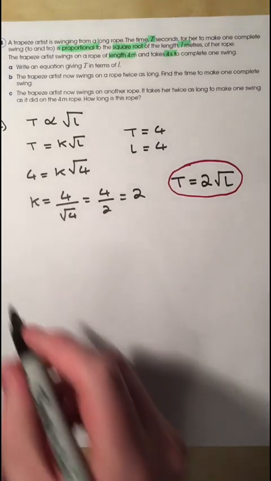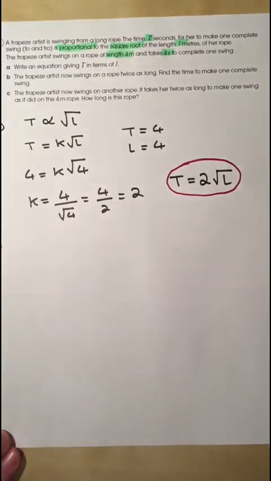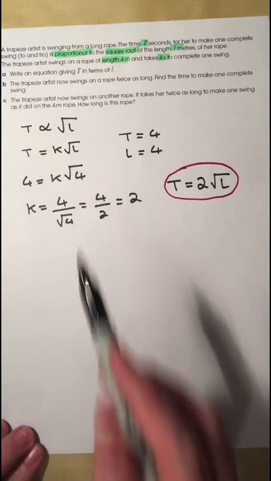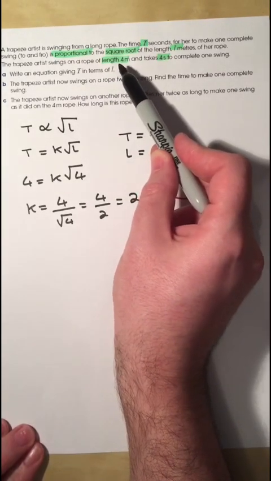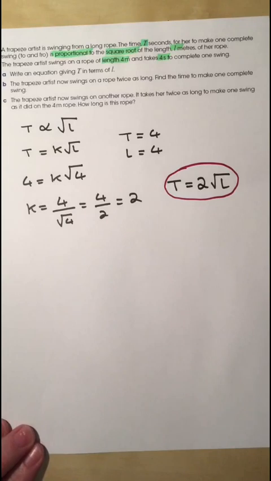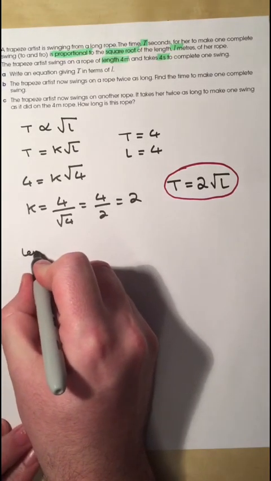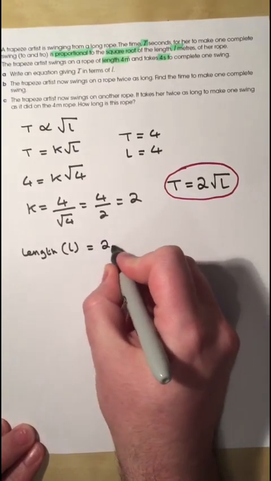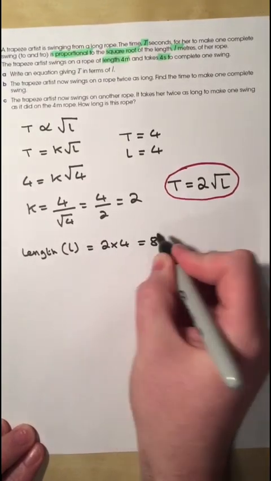Part B. The trapeze artist now swings on a rope twice as long. Find the time taken to make one complete swing. So we know the length is 4, so it's going to be twice as long. So the length now is 2 times 4. So our length is 8.